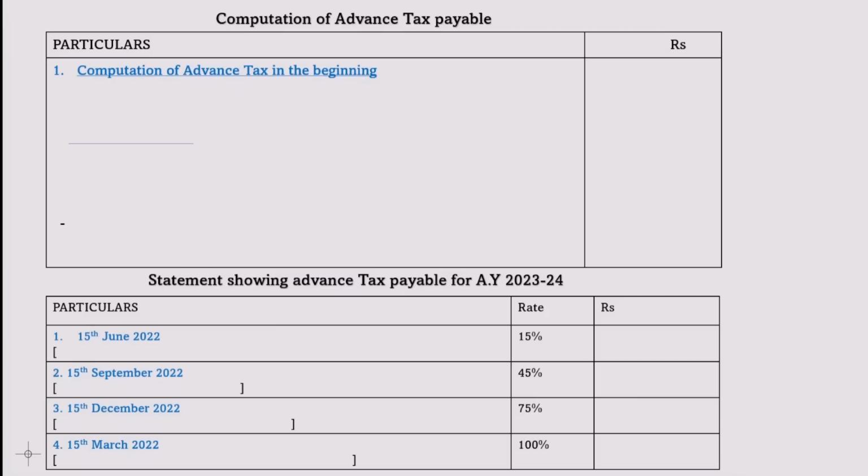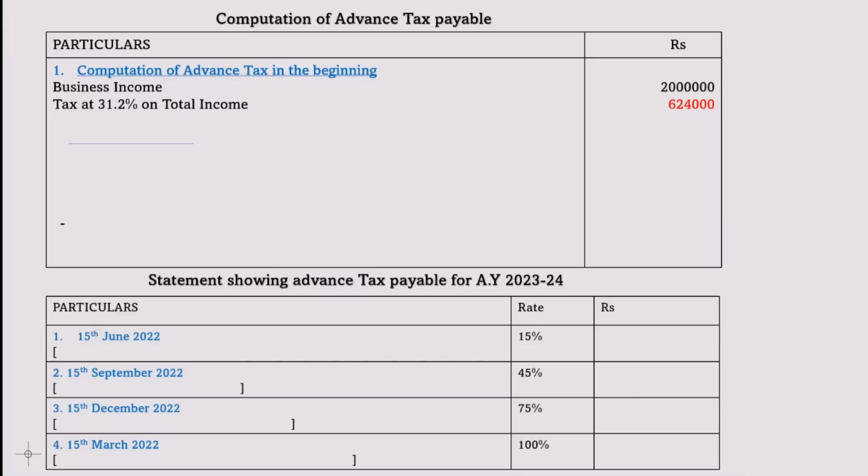One is advance tax in the beginning and one is the revised income. So in this we have only one income head, that is business income, 20 lakh rupees. On this we are going to pay tax because we don't have any other source of income and we don't have any deductions. So directly we are calculating tax on this. Tax at 31.2%. So 20 lakh rupees into 31.2% amounts to 6,24,000. So the first, second and third installments we are paying on this amount, that is 6,24,000.